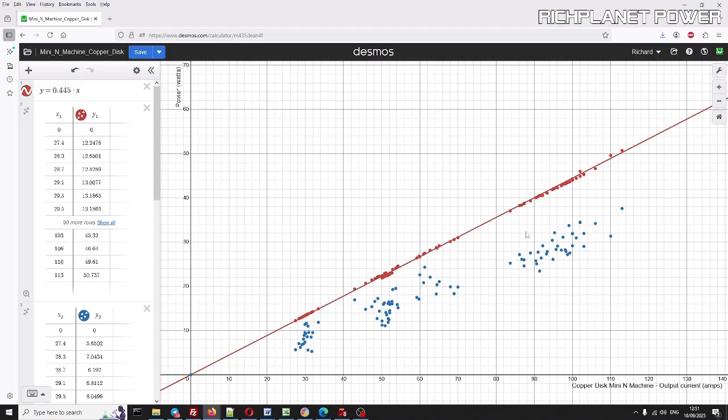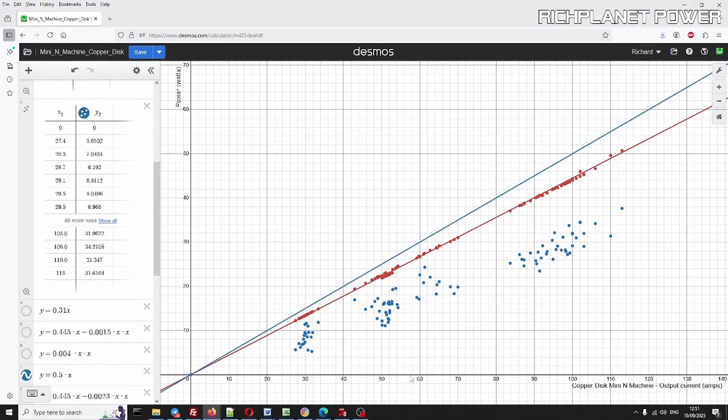We can see that the values are consistently lower than the output power. These values should always be above the red line, not below it. This straight line represents what one would expect the input power to be. The data points are consistently about 33% lower than they should be, suggesting that 33% extra power is being produced from somewhere, and I will come back to this.